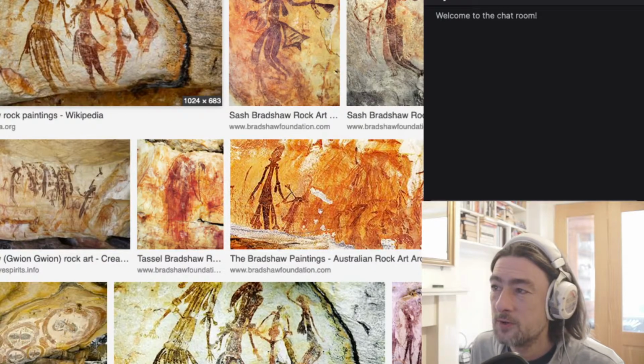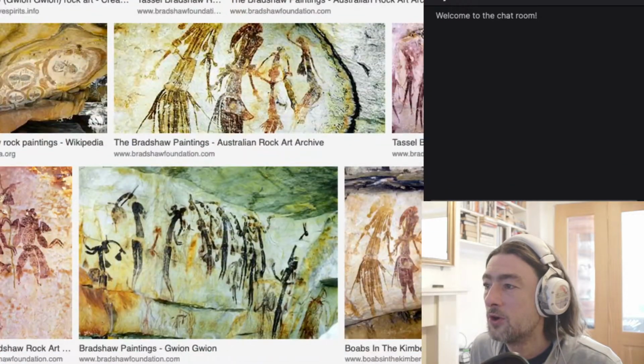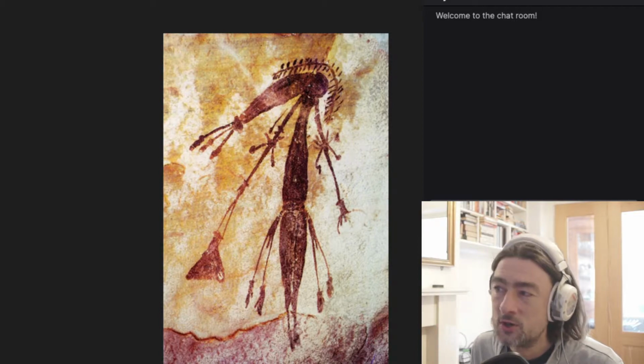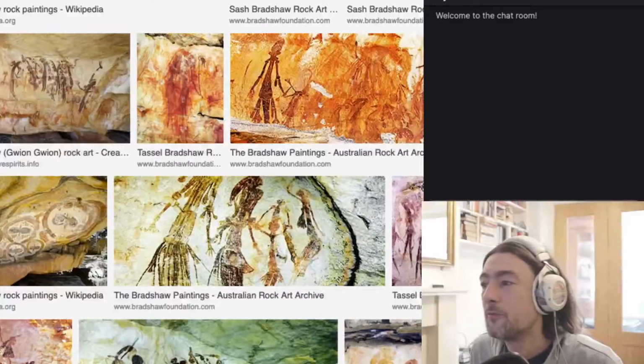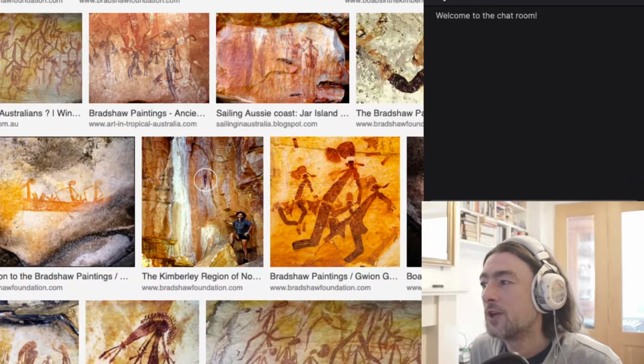So we'll just have a couple of pictures and then we'll go to something to talk more, to find out more. Here's another one of these figures. Lots going on, isn't there? The Bradshaw rock paintings.